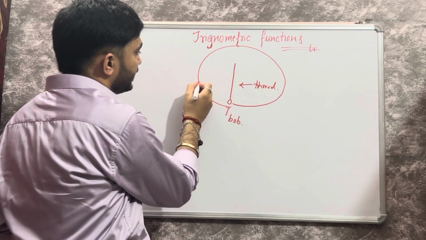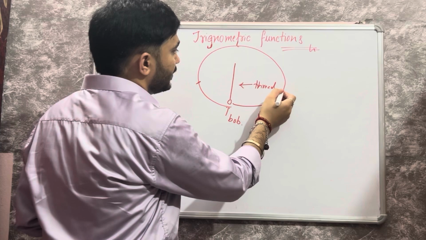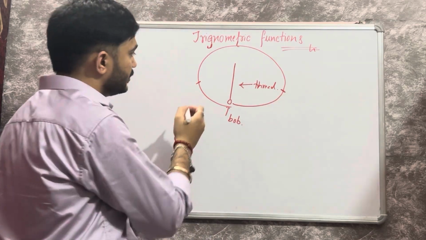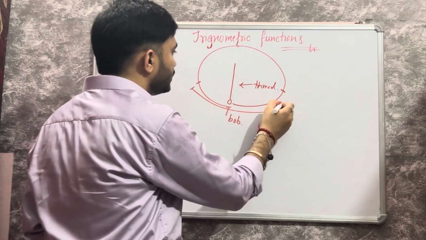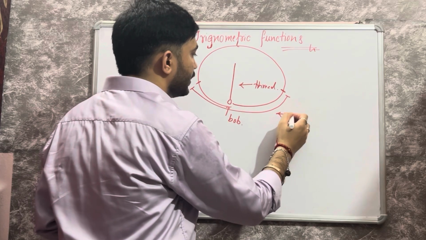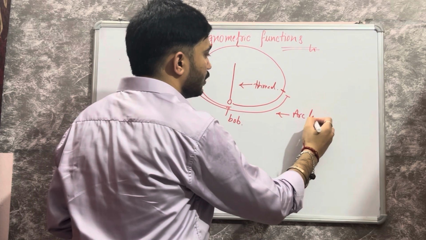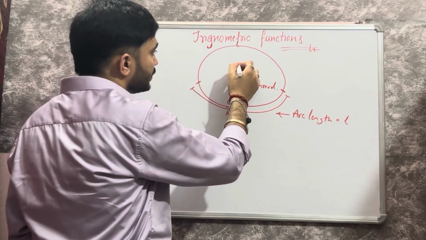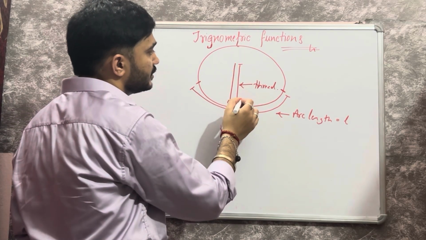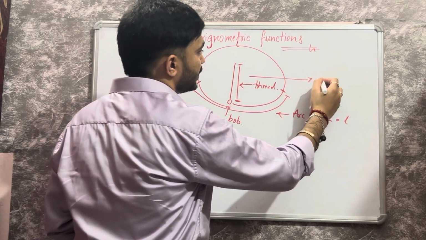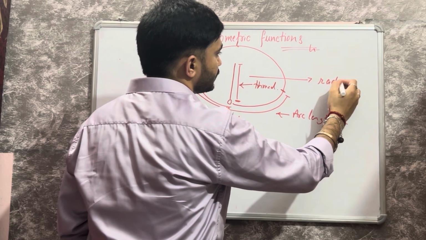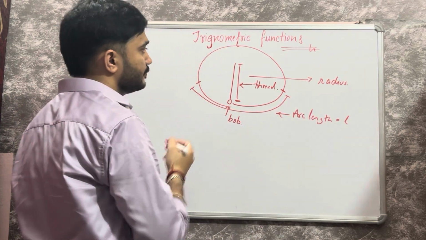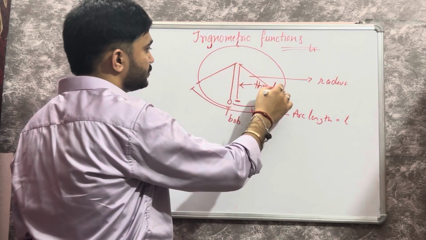Its left side limit will be this and right side reachable limit will be this. This whole thing is known as arc length, that is L. The thread is the radius of the circle and it subtends an angle.